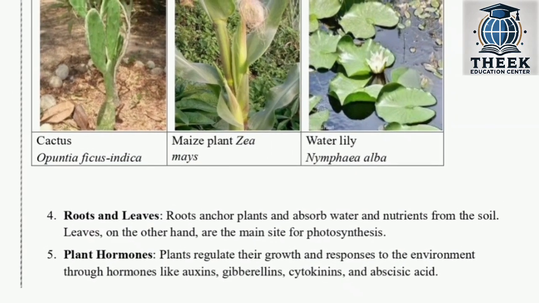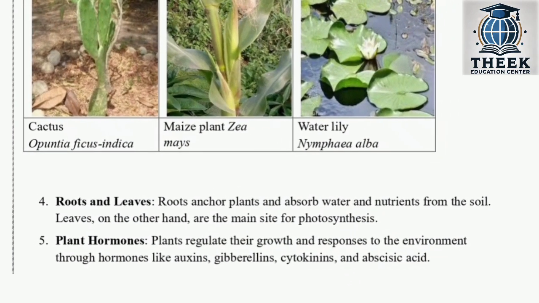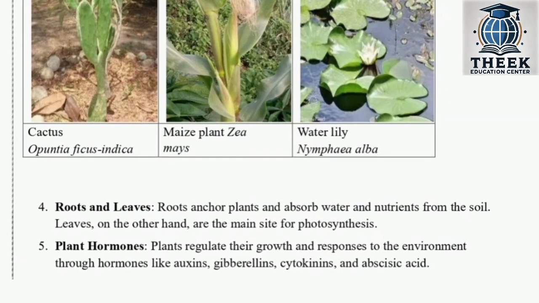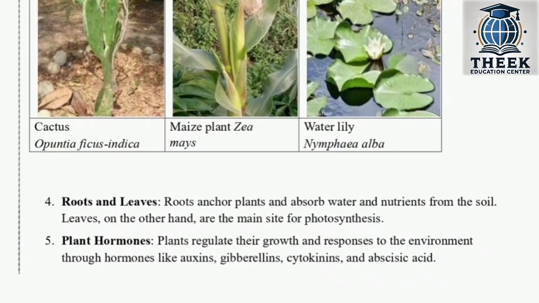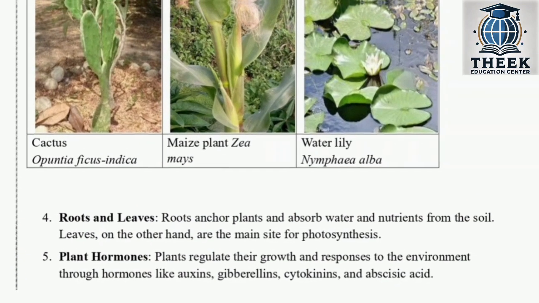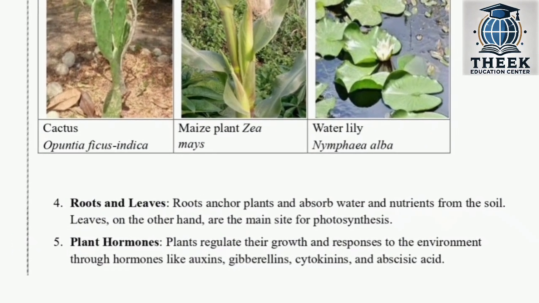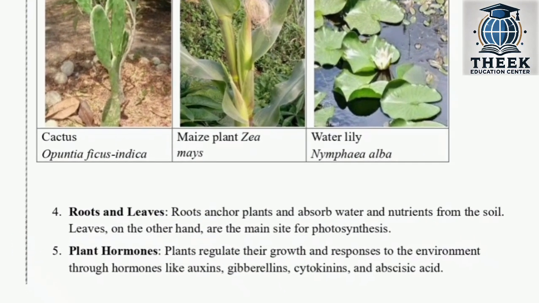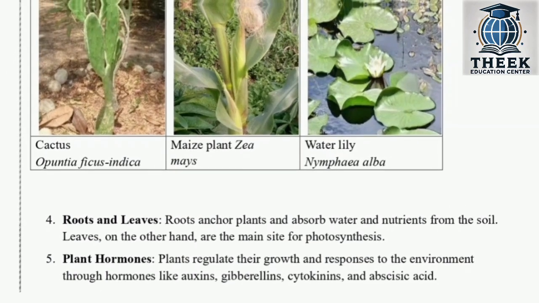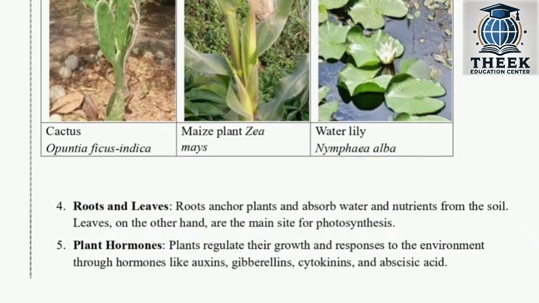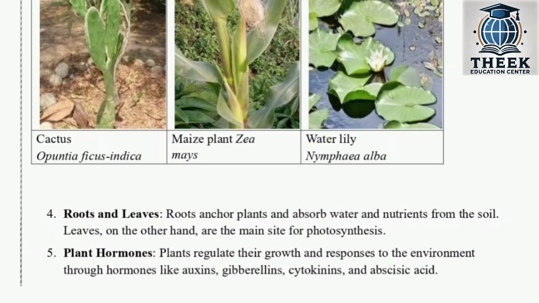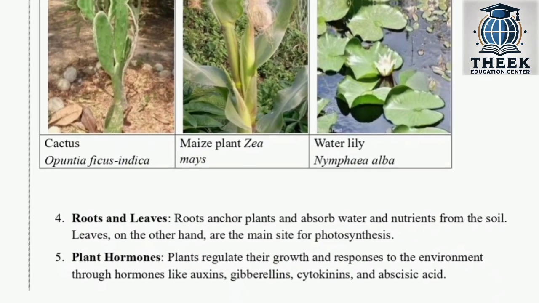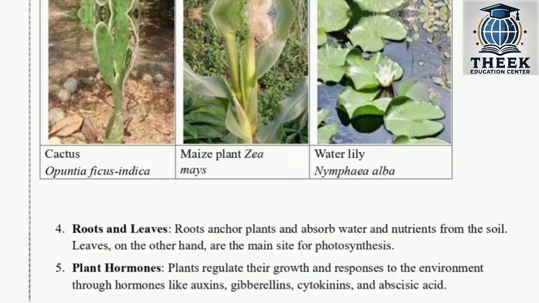Another feature here, we are going to look at what we call the roots and the leaves. So we're going to look at the main function of the roots and the leaves. Roots anchor plants and absorb water and nutrients from the soil. To anchor means to provide support. So you realize that roots hold the plant firmly in the soil to provide support.